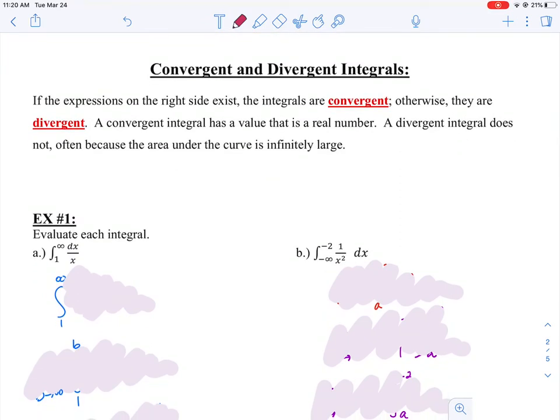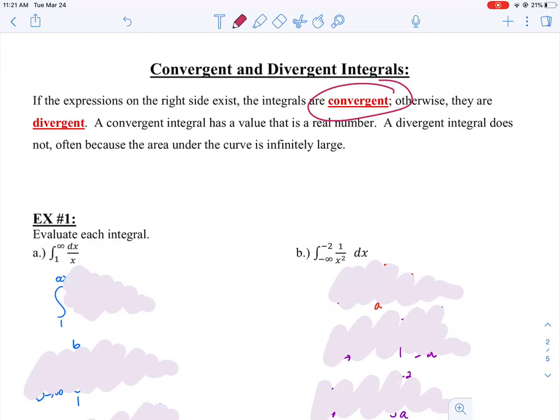We saw in the last video that sometimes when we add up a whole bunch of area and go all the way to positive infinity, we actually get a number. Remember, we got that area of 2. That means it's a convergent integral, and we get a value for the area going from A to positive infinity.